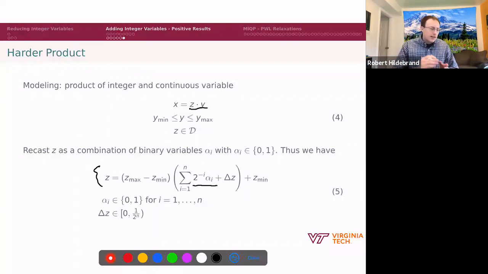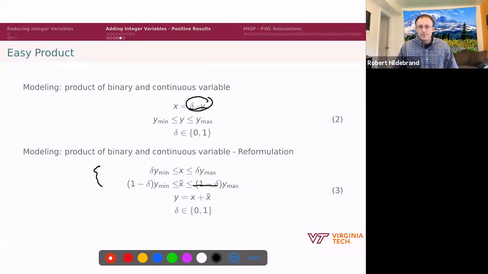Then I can look at the product z times y, which is now a product of y times my alpha variables, and I can come back and apply this technique here. Kind of a simple idea, but it turns out to be extremely useful in solving these pooling problems, and has helped many people solve these types of problems.